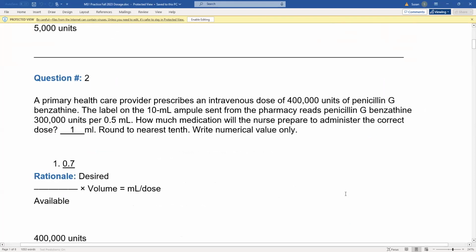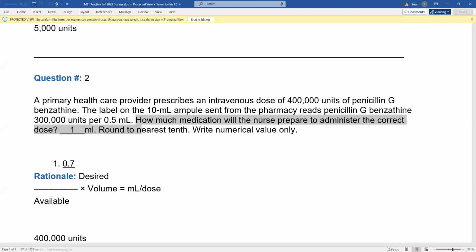All right, let's look at number 2. Again, this question says, and I always read it from here, how much medication will the nurse prepare to administer the correct dose? Right away, that tells me this is desired over half. So I'm going to go in the question and find my desired dose and what I have on hand.